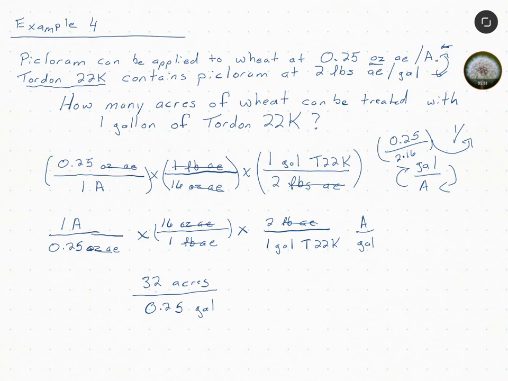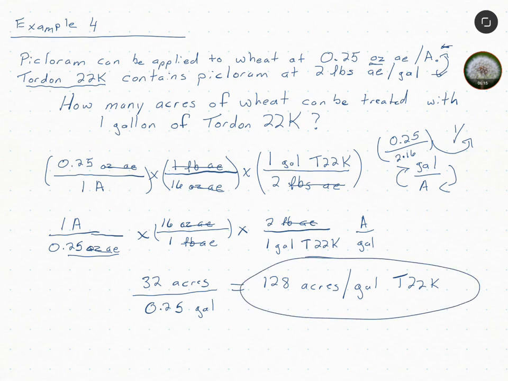And so if we take 32 and divide that by 0.25, that gives us 128 acres per gallon of Tordon 22K if we use the application rate of 0.25 ounces of acid equivalent per acre. So this is our answer.